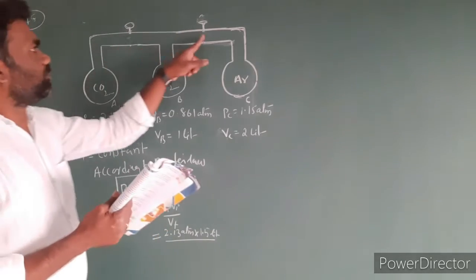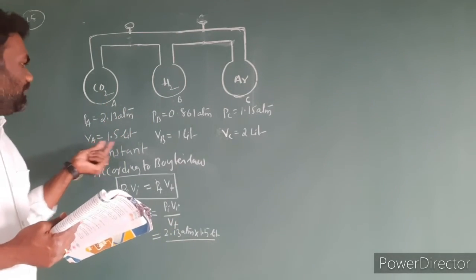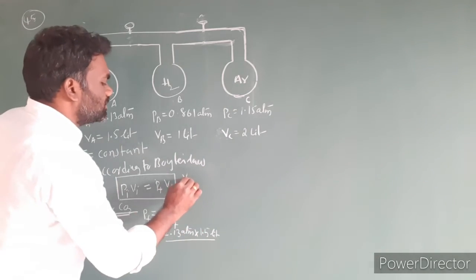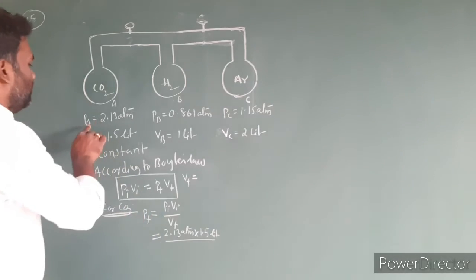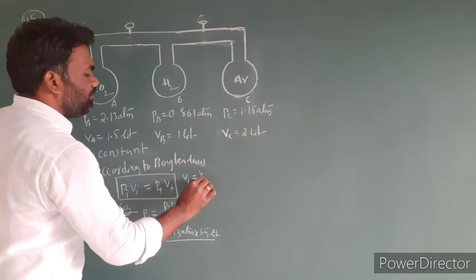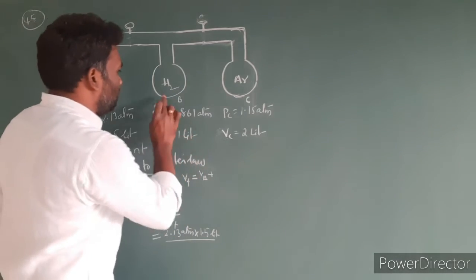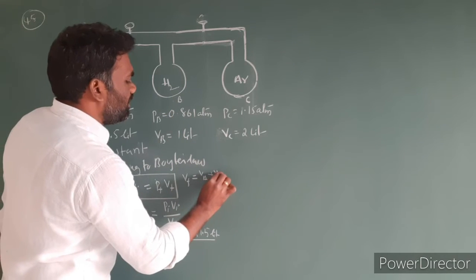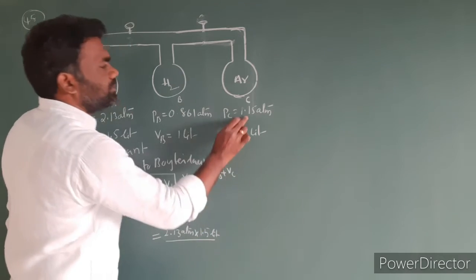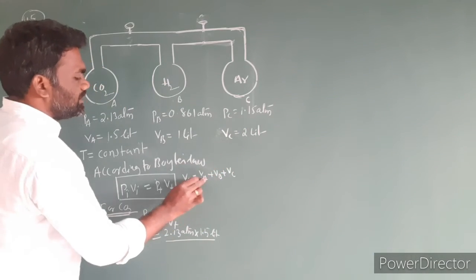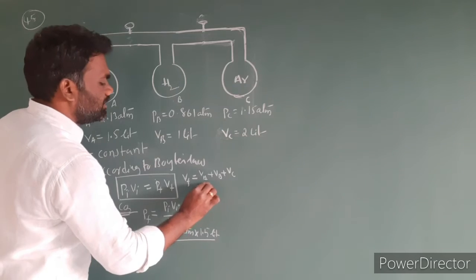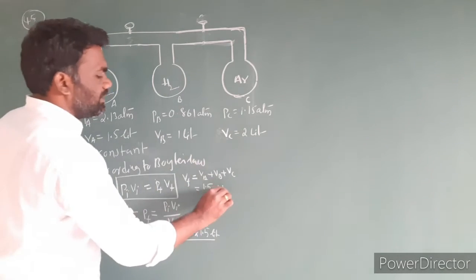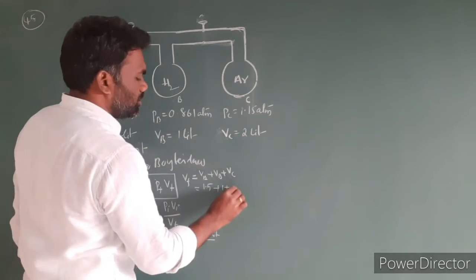Whenever the stopcock is opened, we have to take VA plus VB plus VC as the final volume. So V final is equal to volume of A plus volume of B, the B bulb, plus volume of the third bulb C. VA is 1.5 liters, plus VB, 1 liter, plus VC, 2 liters.